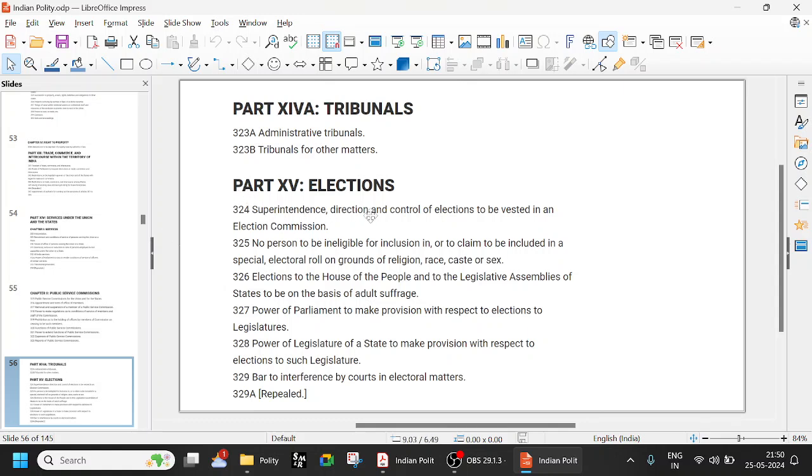Article 324 is the Election Commission. 325: no person ineligible. 326 is adult suffrage, which is basically above 18 years; adult suffrage means on the basis of 18 years.